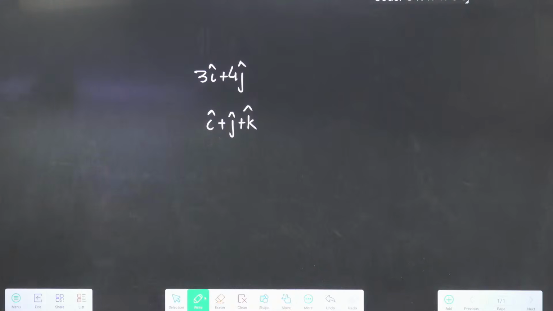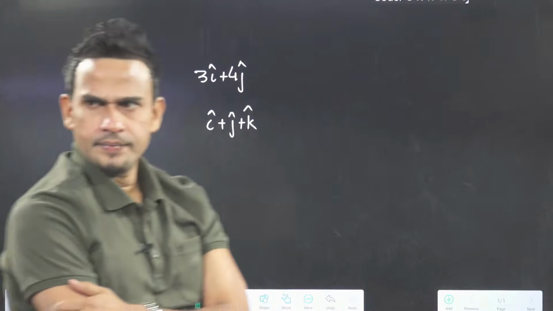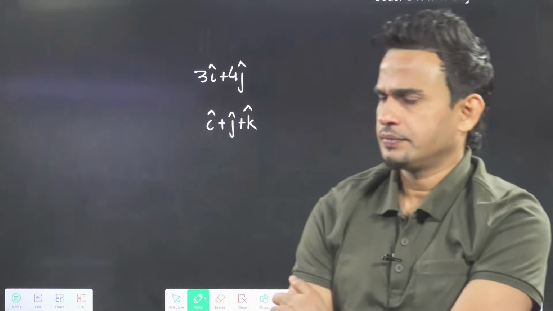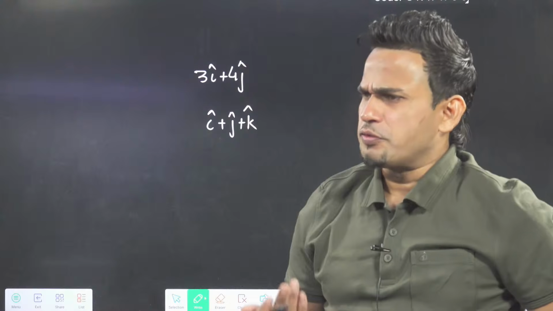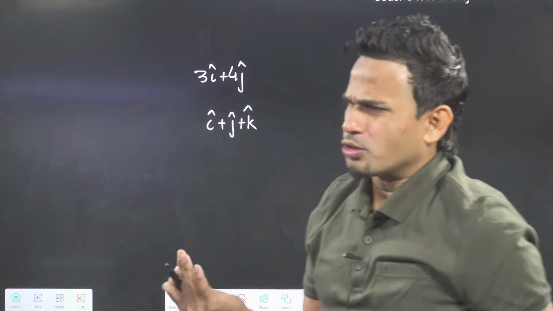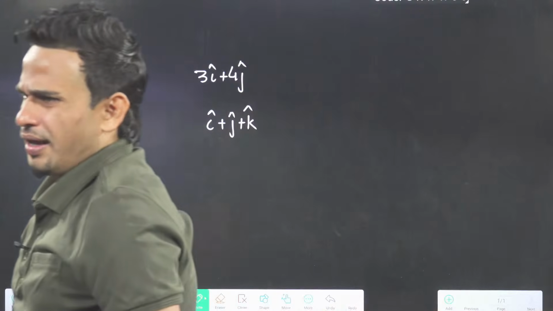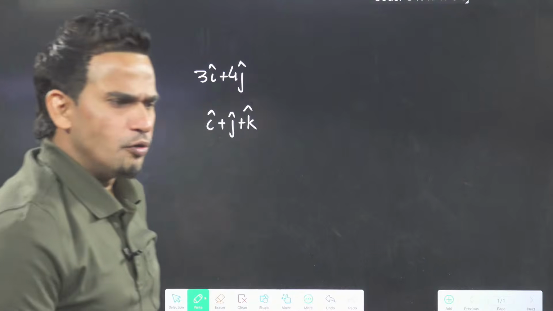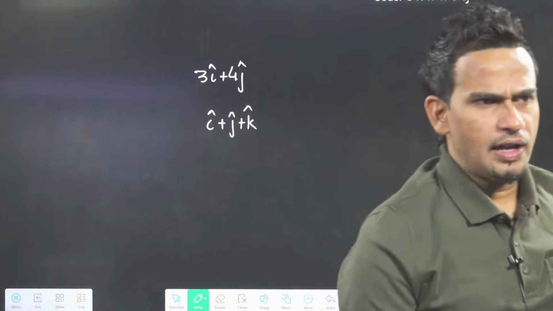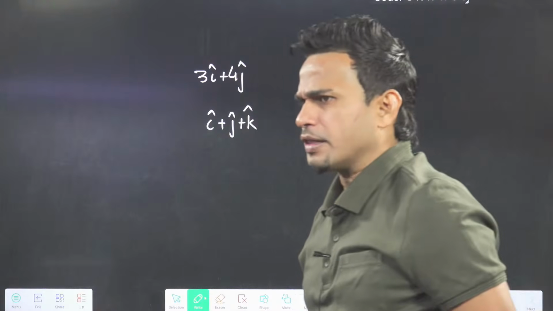The vector which we have to find, we can assume that vector to be x bar. X bar you can always write as x mod into x cap. Now the value of x mod you have to find and the value of x cap you have to find. For that, data is given.